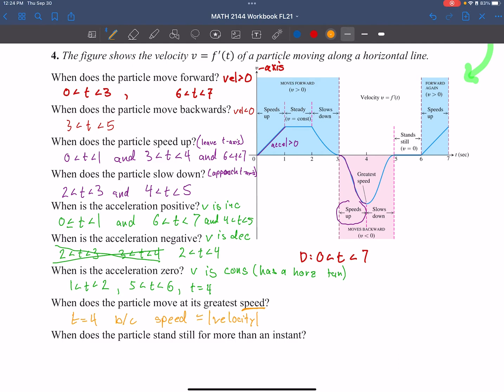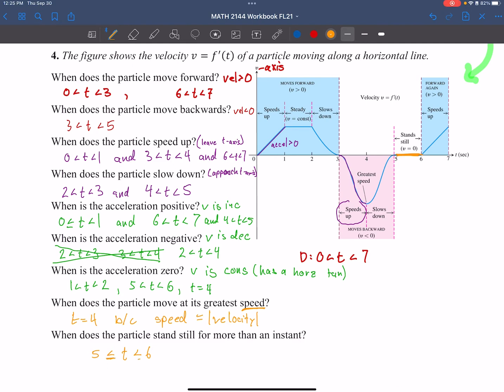And then the last question: when does the particle stand still for more than 1 instant? You can see it's called out right here between 5 and 6. That's when the velocity is 0. So this is 5 is less than t is less than 6. This is another scenario where you need equality as well.